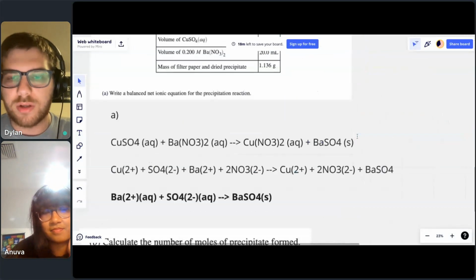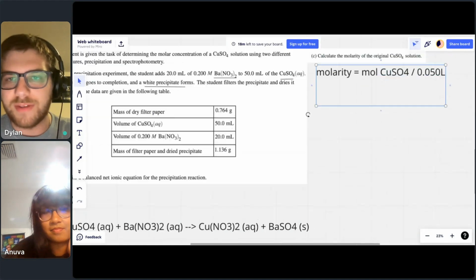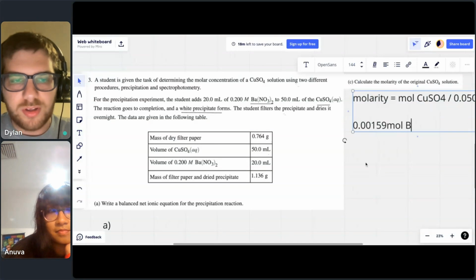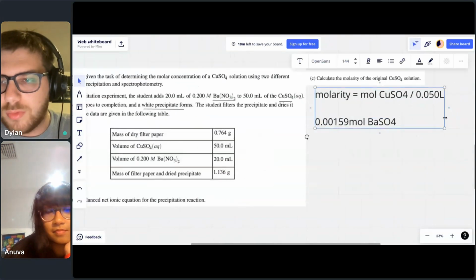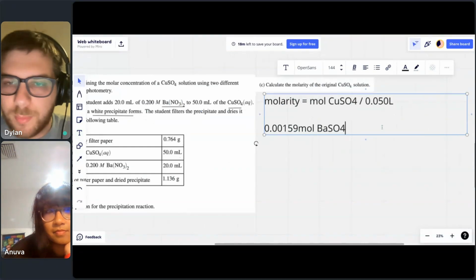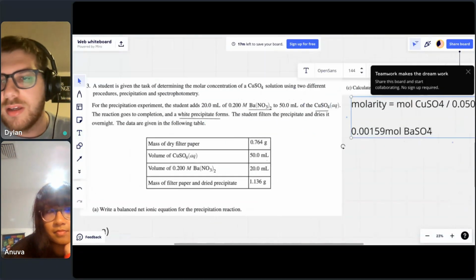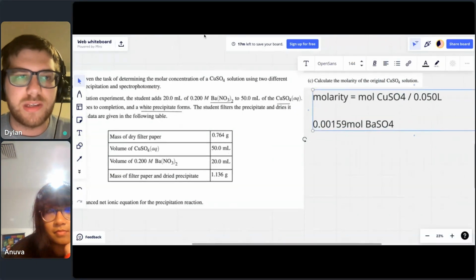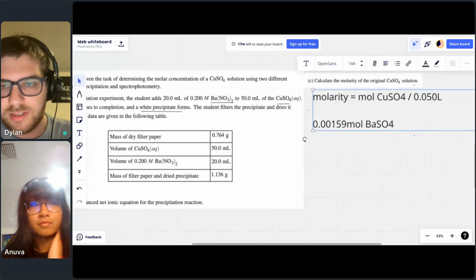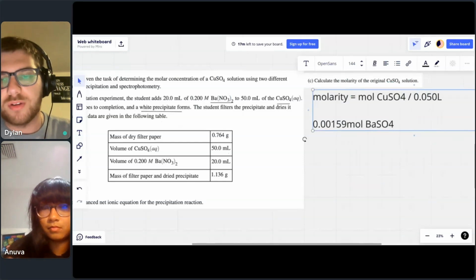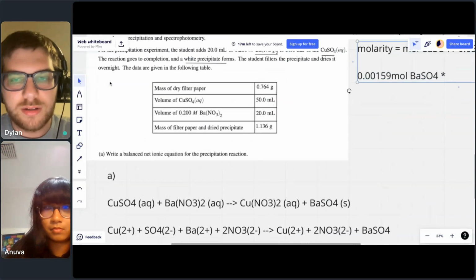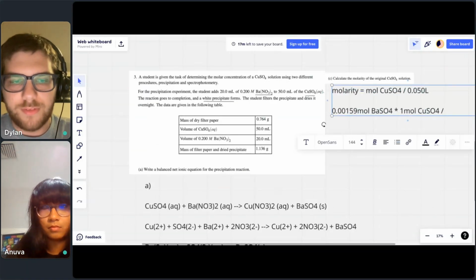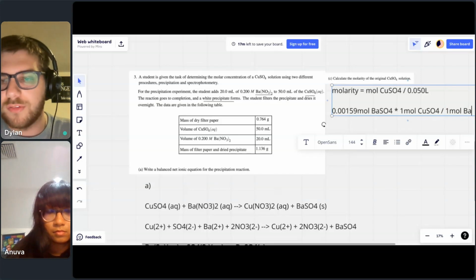Well, we knew we had a total of 0.00159 moles of barium sulfate, right? And that was what was reacted. That was the product of our reaction. And I want to note, we're told the reaction goes to completion, meaning there's no excess, right? When the reaction goes to completion, to my knowledge, if it doesn't explicitly state there was an excess, we can assume that we had stoichiometrically equal quantities. So to form the barium sulfate, if we look back at the reaction here, we had 1 mole of copper sulfate for every 1 mole of barium sulfate produced.